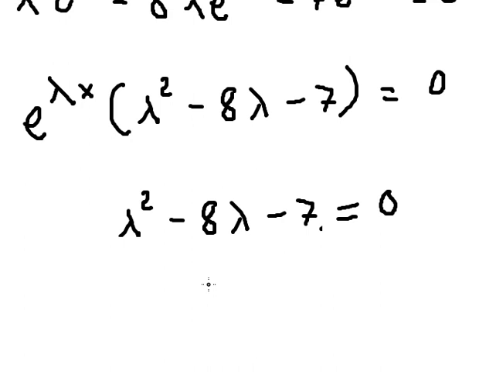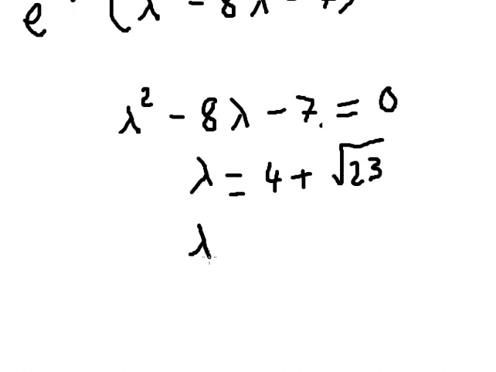So we have lambda equals 4 plus the square root of 23, and lambda equals 4 minus the square root of 23.